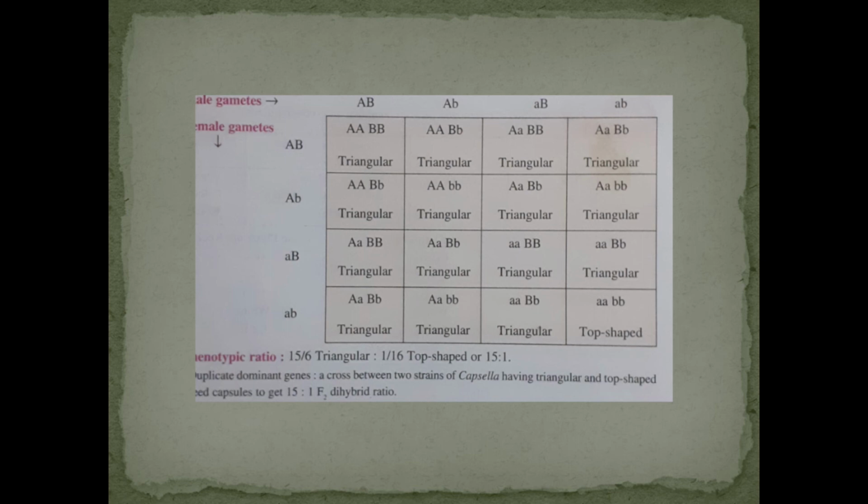In this example, the capsule flowers are triangular shaped on the upper side and the lower ones are disc shaped. Triangular shaped flowers have capital A or capital B and occur in 15 ratio, and one flower, small aa small bb, is top shaped. Its ratio is 15:1.